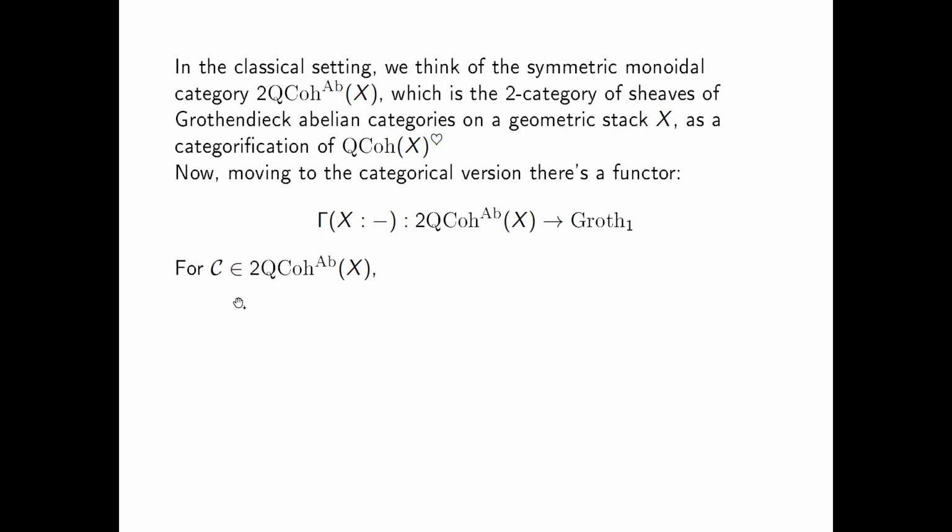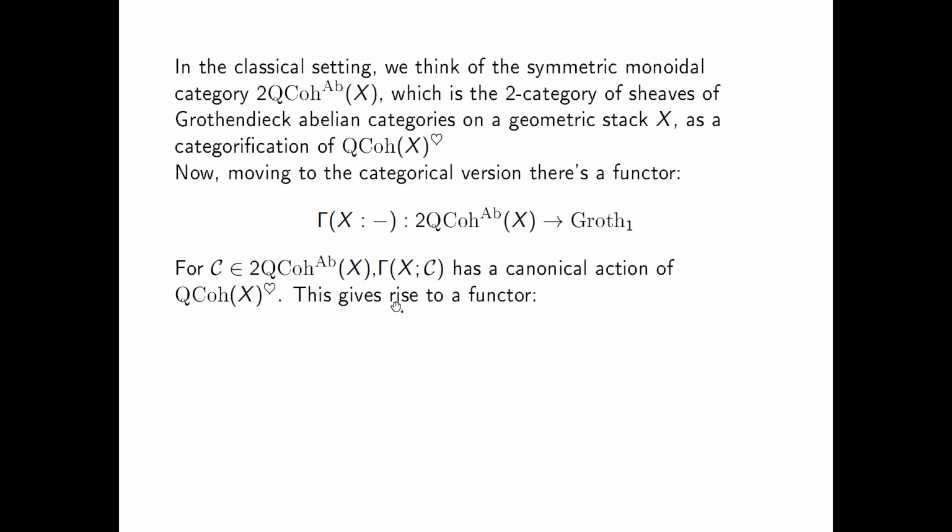So you have a function like this, and you start off with C in this 2-category of cocomplete abelian categorical sheaves. And then this gamma of X, C has a canonical action of Q called X hard, so that will give you a function that Stefanich, or I think Lurie, calls gamma ENH, that basically takes this category to Q called X hard modules.